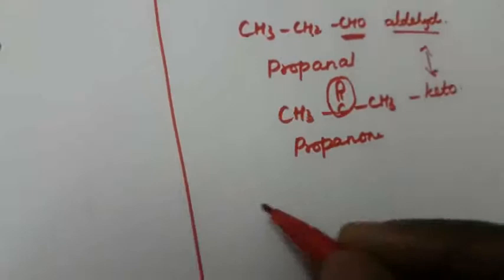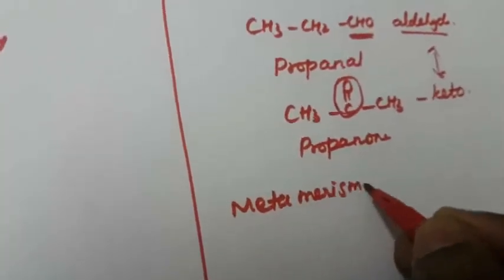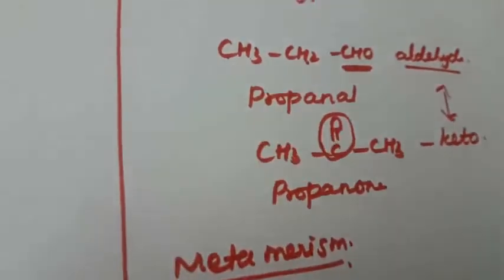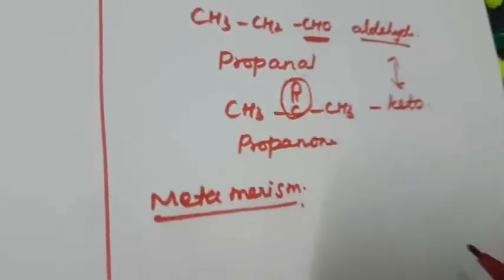So the next one is metamerism. What is meant by metamerism? That is the same molecular formula but different alkyl groups are attached to either side of the functional group.